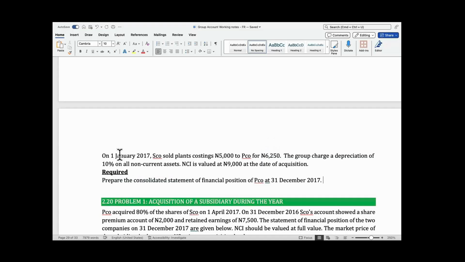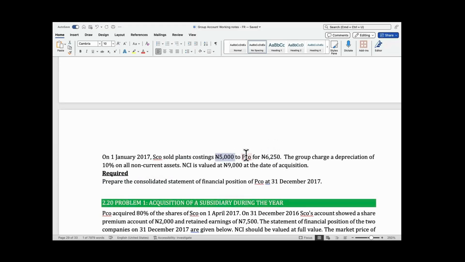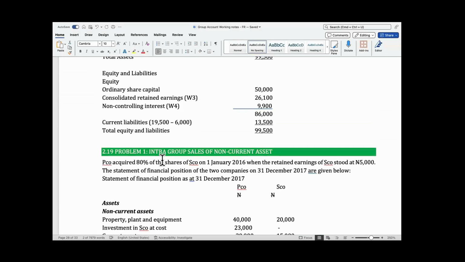So in this one, they sold plant that was costing 5,000 to PICO for 6,250, and the group charges depreciation on all non-current assets. NCI is valued at, okay, this is just the sale of plant. Every other thing is the same.